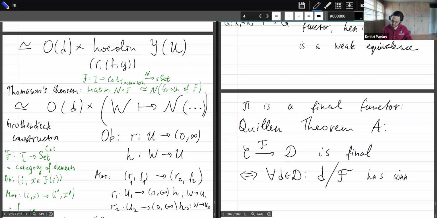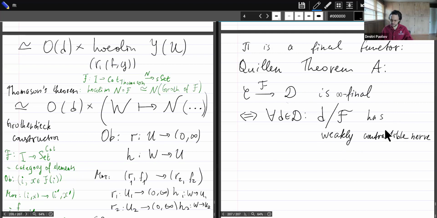Well, I guess here I really need infinity-final, so I should say has weakly contractible nerve. Weakly contractible means the nerve is weakly equivalent to a point.